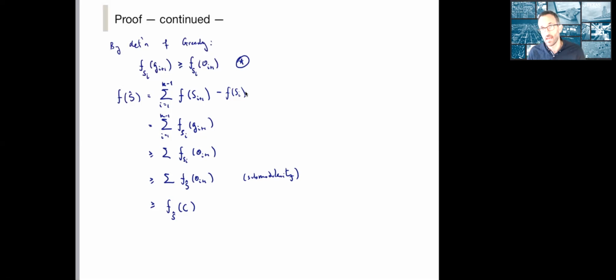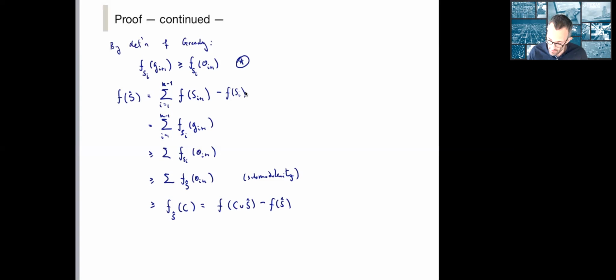then for any set, and in particular the set S hat, the marginal value f_S hat is submodular. So recall that I can define the marginal value of an element, or even of an entire set. So the marginal value of an entire set, I'll just write out what this is. This is f of C union S hat minus f of S hat. So seeing f subscript S hat itself as a set function, you can easily check that it is submodular.